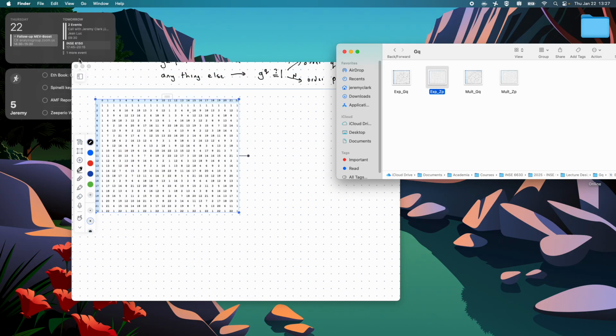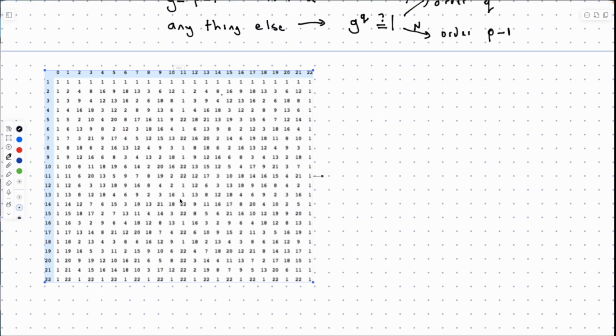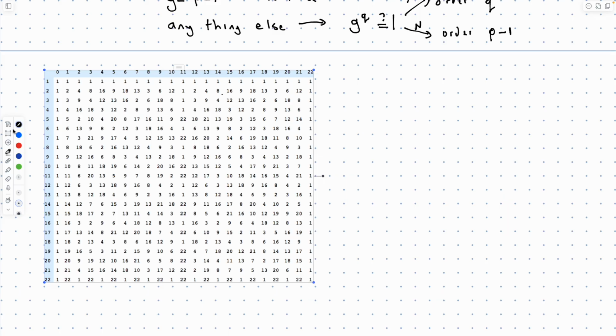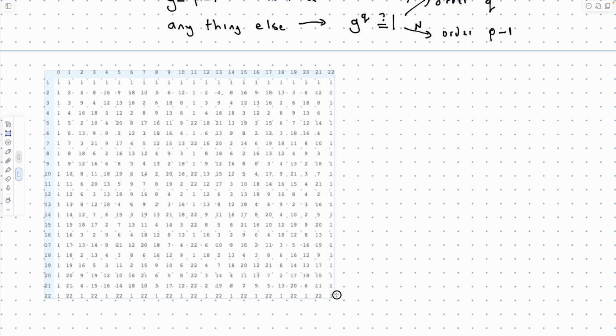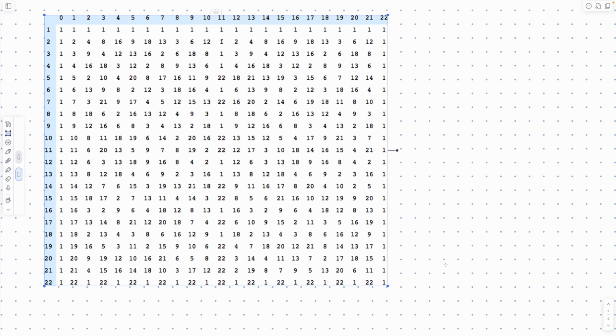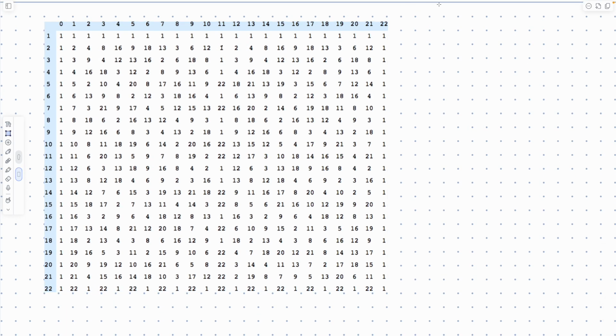You would. I'm probably not going to ask questions about this because it's sort of basic, and you also have a cheat sheet, so you can always make tables like this. This is again the same table, just a fresh copy. This is row raised to the column mod p.